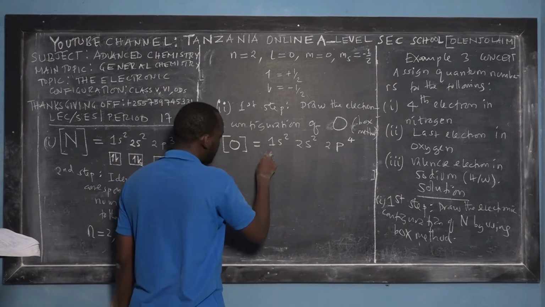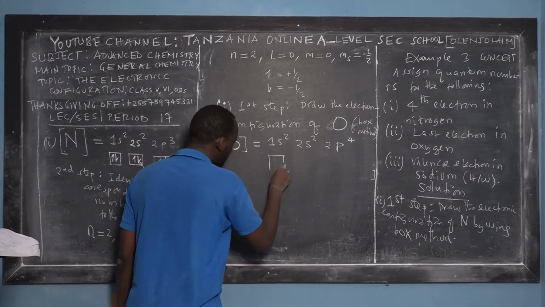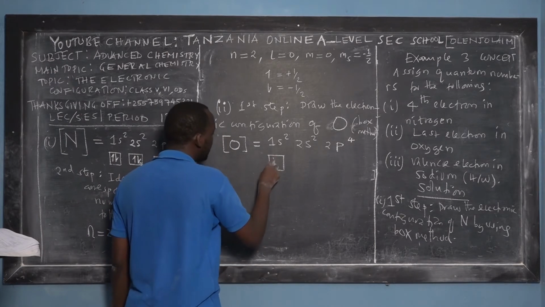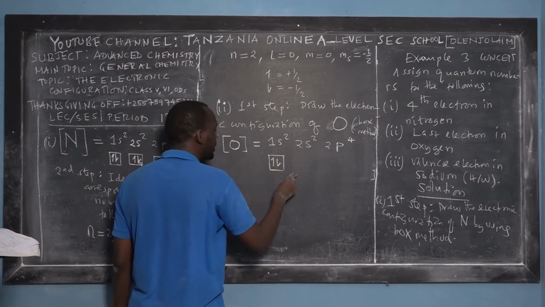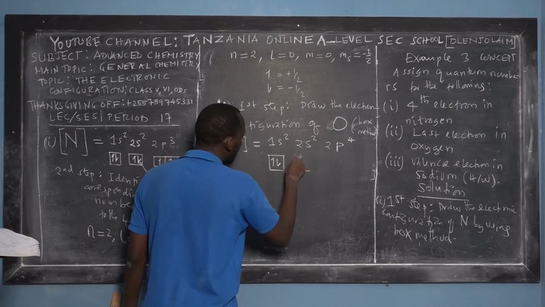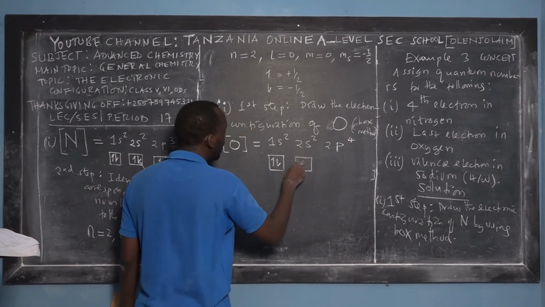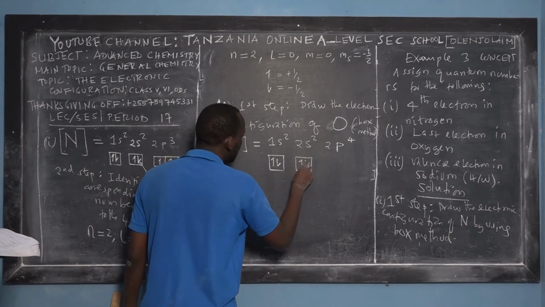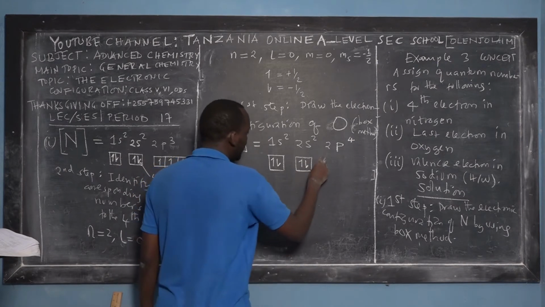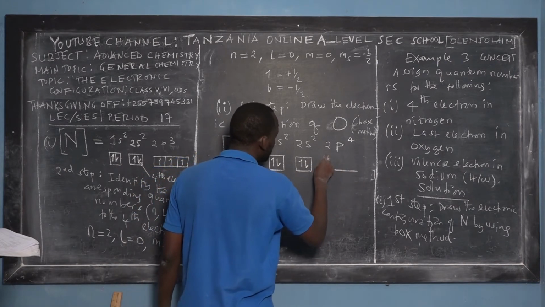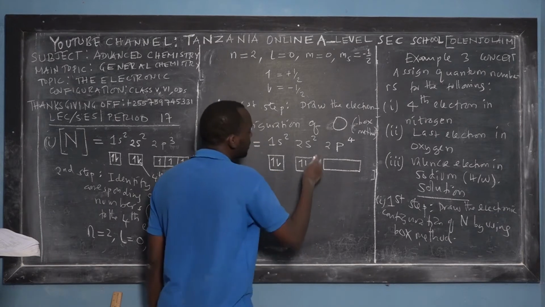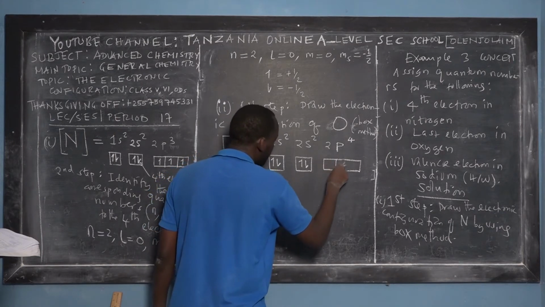Okay, so we are going to draw the orbitals, the boxes. Here we have the spin, clockwise and anti-clockwise spins of electrons. And then again here we have 3 orbitals in the p orbital.